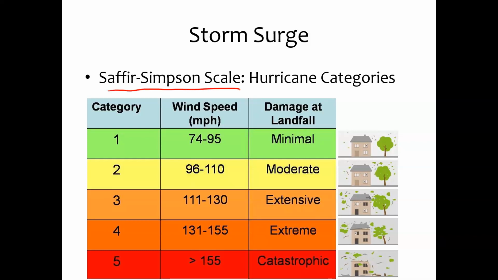So when you hear about a category 1 or category 2 hurricane, those are categorized on this scale. And they're categorized by wind speed. And it turns out that that wind speed is very highly correlated with the damage that they cause at landfall. So category 1 are going to cause some damage, up to category 5 are going to cause catastrophic damage because their wind speeds exceed 155 miles per hour. That's nuts.